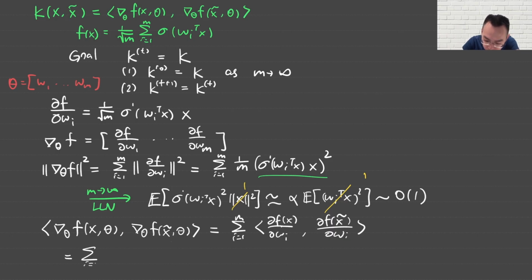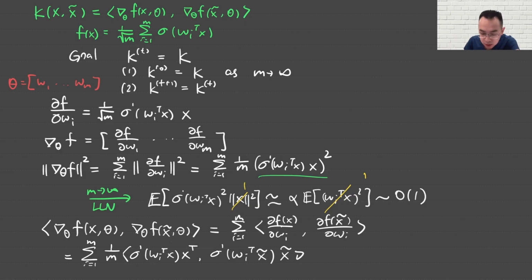As a summation, then 1 over square root of m. We will have sigma prime of wi transpose x, this inner product, and then we also pull another square root of m out. That gives us 1 over m with sigma prime of wi transpose x tilde, right?